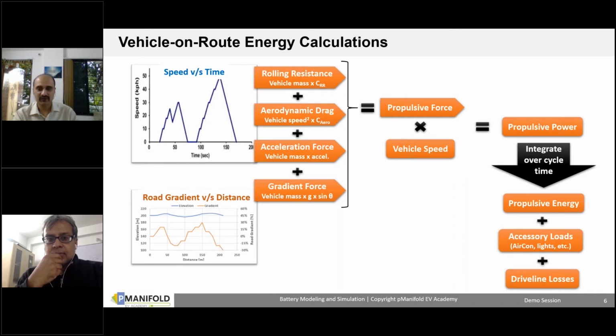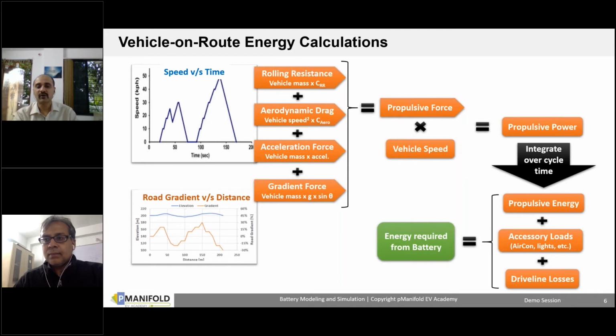Lights would be there for everyone, and so on. Then of course you also need to account for driveline losses. There could be a gear drive, drive shafts, CV joints, and so on. There could even be some wheel efficiency. So all of these considered, what you would get is the energy required from the battery.